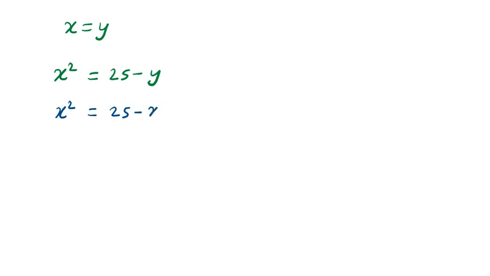Now if we take all the expressions on the same side, then in left hand side x square plus x, and 25 if we take left hand side then this is minus 25, is equals to 0.